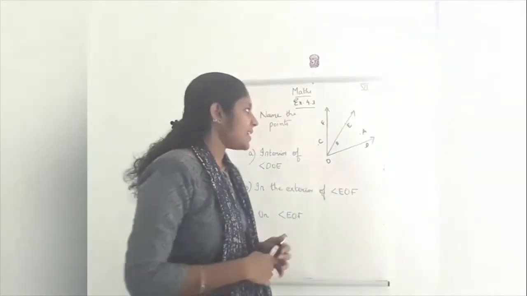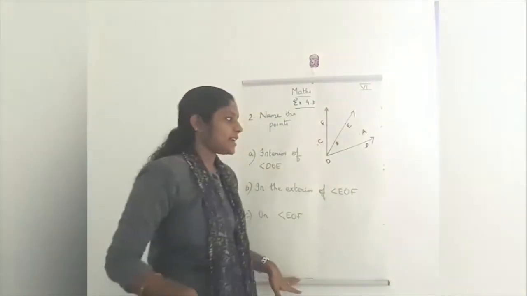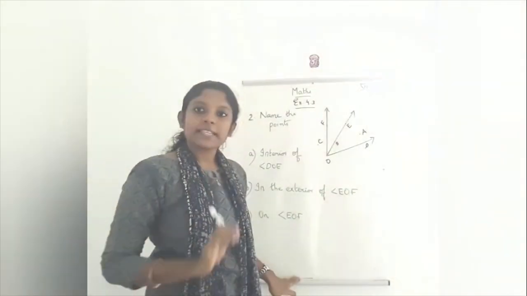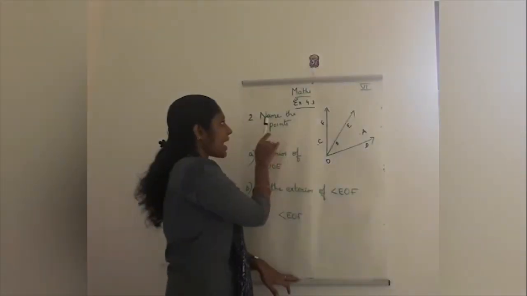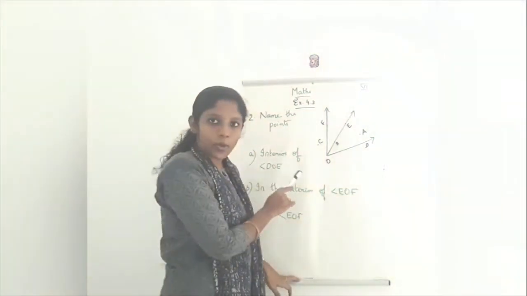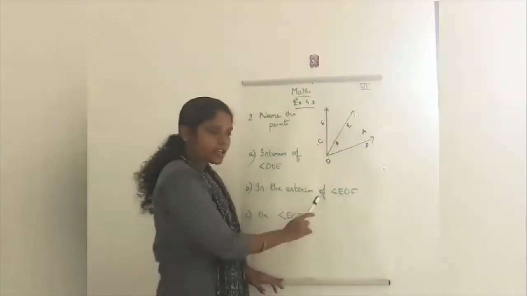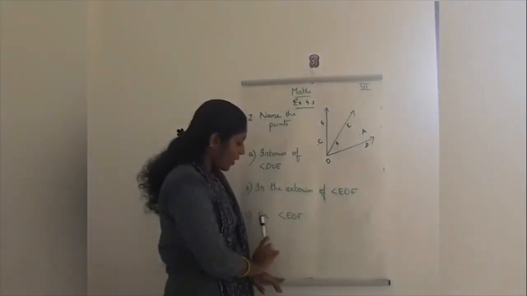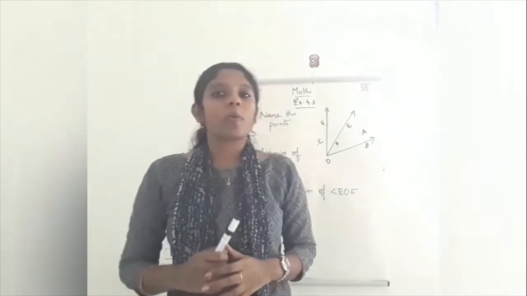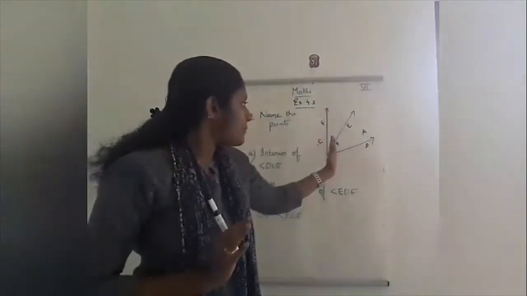In the second question, a figure is given and all points and angles are labeled properly. From this you have to name the points which lie in the interior of angle DOE, in the exterior of angle EOF, and on angle EOF. If you have your textbook with you, please open it and refer to this picture.